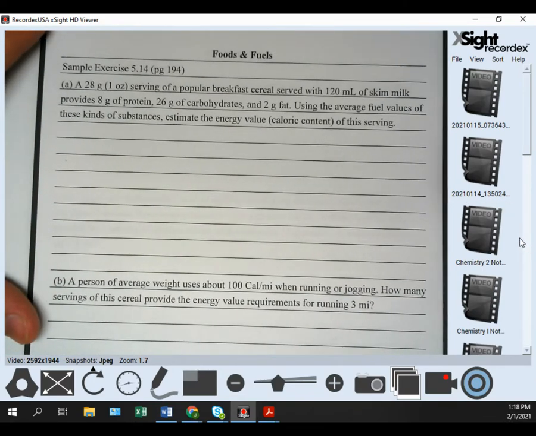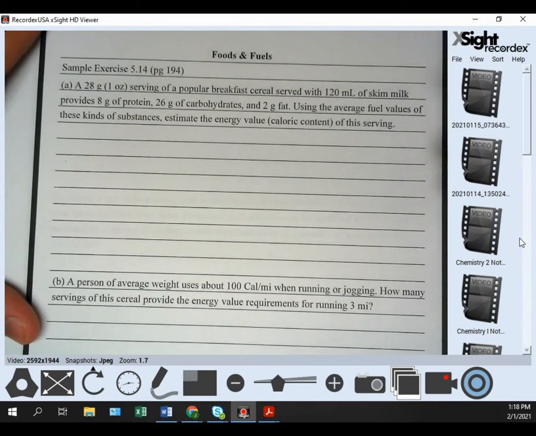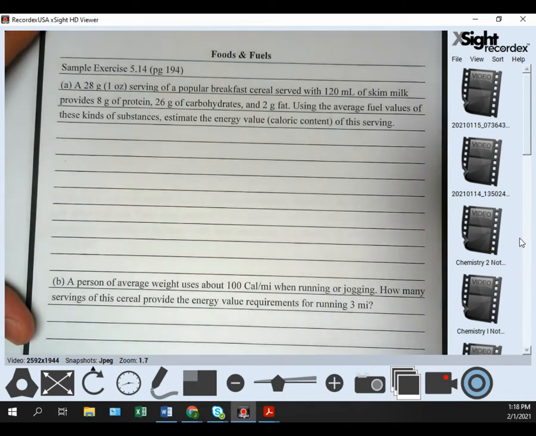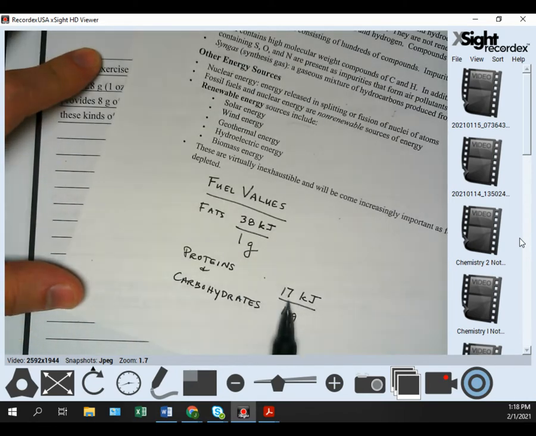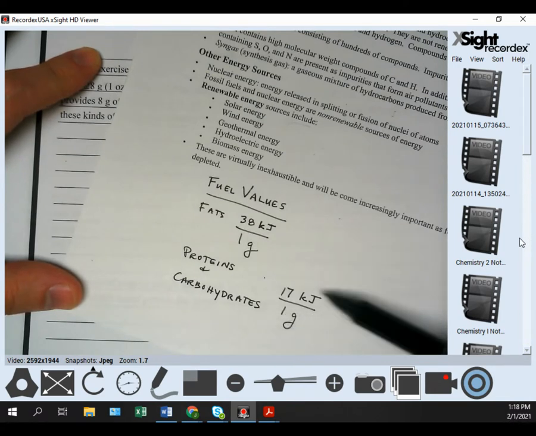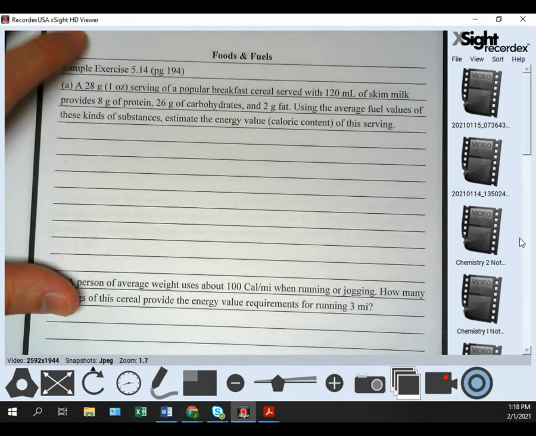Okay, so now there's a couple of ways you can do this. I typically prefer, so remember, we've got fuel values, we've got fats, and we've got proteins and carbs, right? Since protein and carbs are the exact same amount, the fuel value, I tend to prefer to combine those two things if they have both of them.